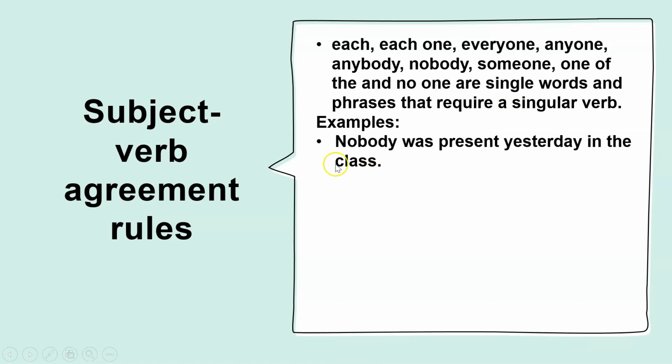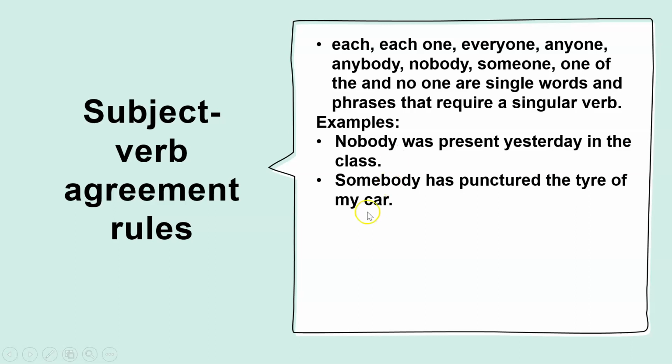Examples: nobody was present yesterday in the class. Now this nobody is taken as singular. That's why we have used here was. Somebody has punctured the tire of my car. Again, this somebody is taken as singular. That's why we have used here has, not have.